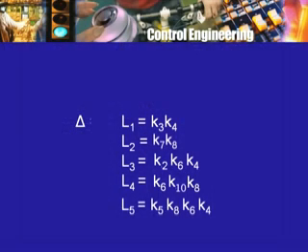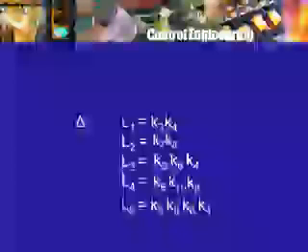So let us do it here, and since it will take quite a while to find out all of them, I will just take one or two and then leave it to you to find out the rest of the non-touching loop pairs. Here is the loop that we had identified as L1, and in fact now you will see that it would have been nice if I had written down what were the nodes that were involved in that loop.